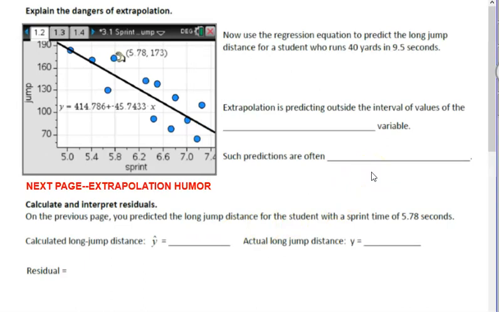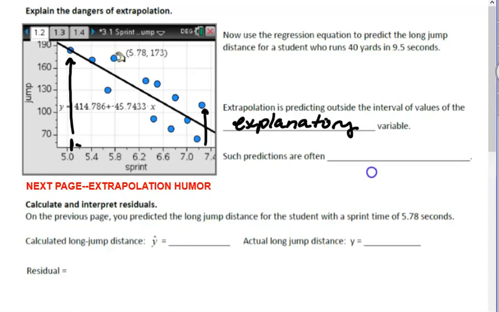Almost. The next thing we're going to talk about is extrapolation. Extrapolation is just predicting outside of the interval of the values of the explanatory variable. So here is my lowest value for x, and here's my highest value for x.